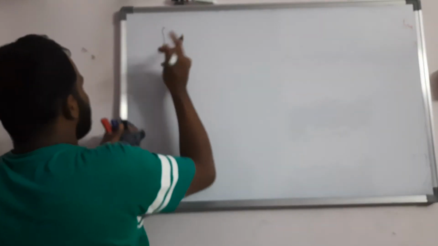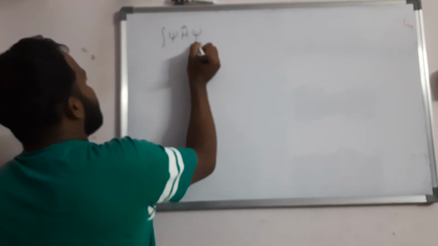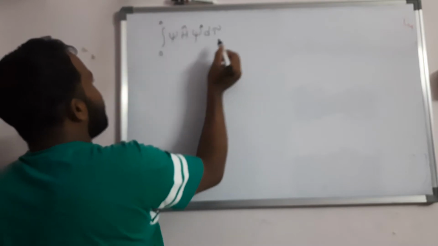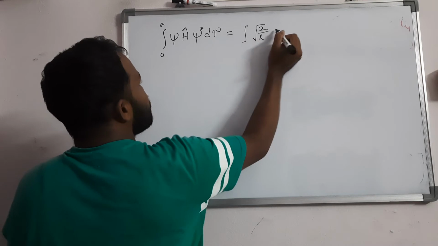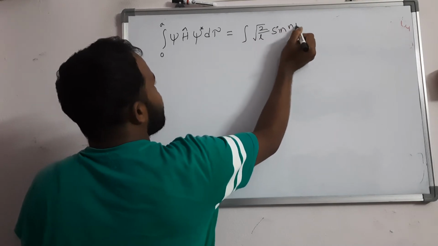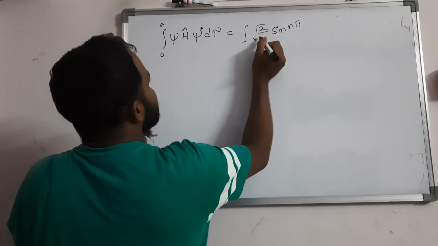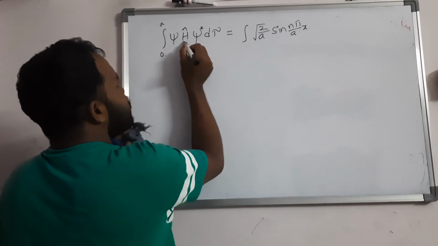Here, integration of psi into H cap into psi star into d tau, limits 0 to a. Already I told you, psi is root 2 by L sine n pi by L, here L means a. So root 2 by a sine n pi by a into x, into H cap. What is the H cap?